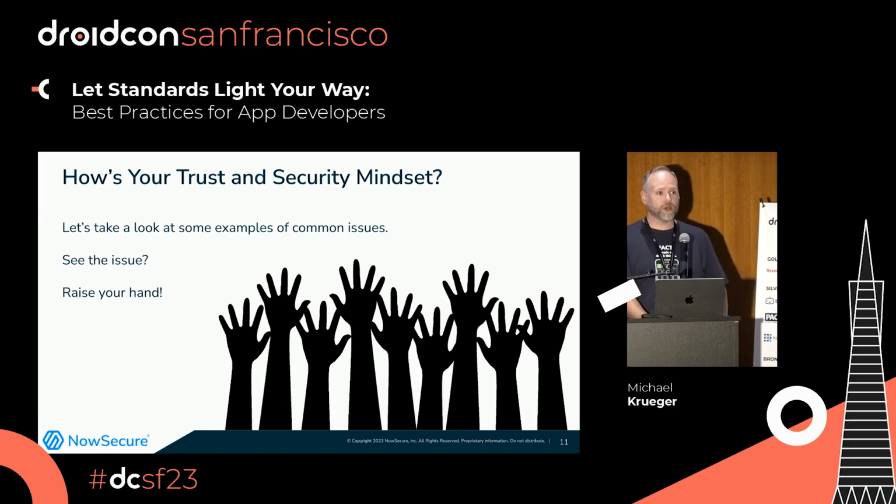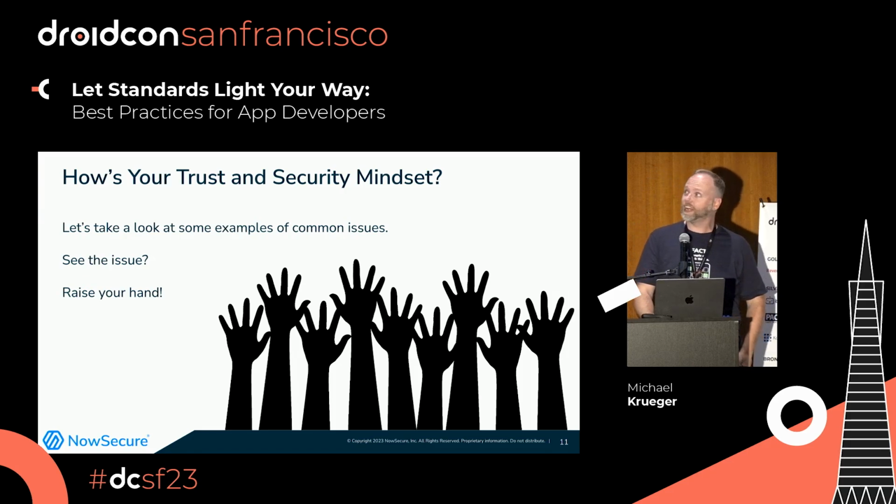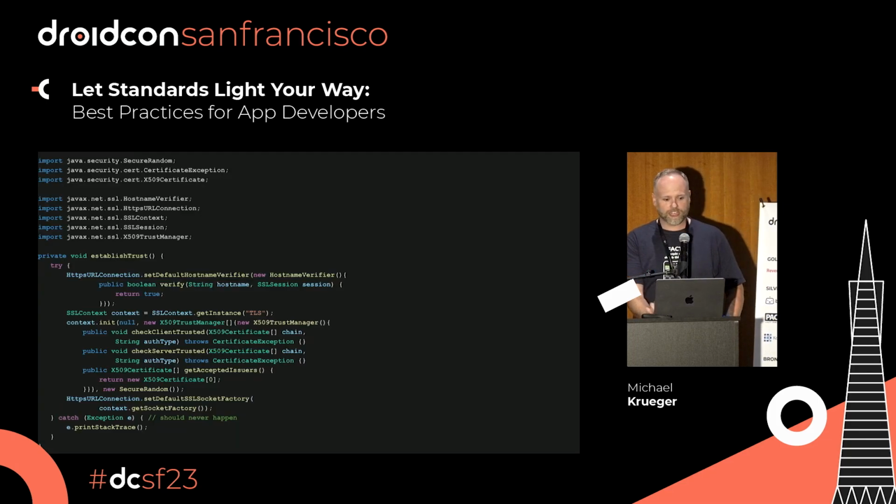All right, so I'm not just going to do the talking. I want every one of you to actually pay attention. Let's see how your trust and security mindset is. We're going to go through some examples, see if you can spot the issues. I've got some fun little things up here to give away, so shout it out as you know. Here's the first one.